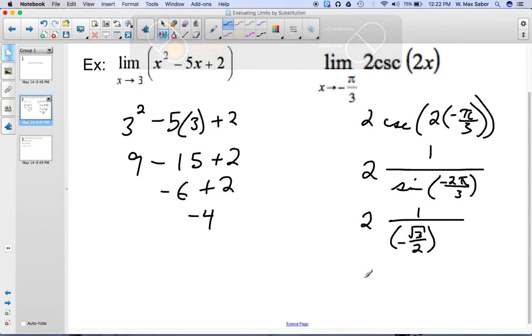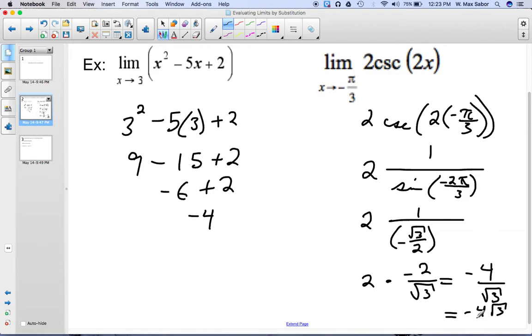So in this case, that's 2 times negative 2 over the square root of 3, which is negative 4 over the square root of 3. Or if we want to rationalize, negative 4 square root of 3 over 3. And because there's nothing fancy going on in either of these, the limit is just what you get when you substitute in.